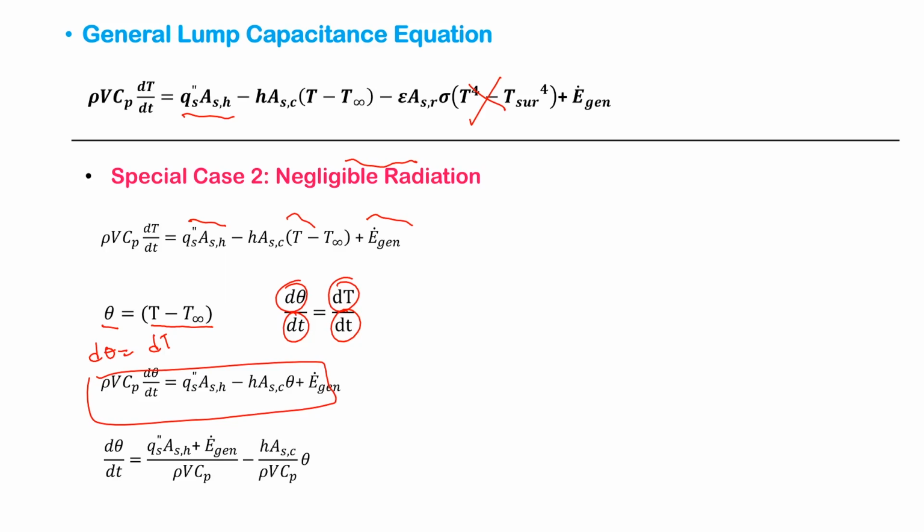Now I want to divide everything by rho V Cp. These two terms are constant, so they can be considered together, and we divide by rho V Cp, and then we have the other term here. This is due to convection.